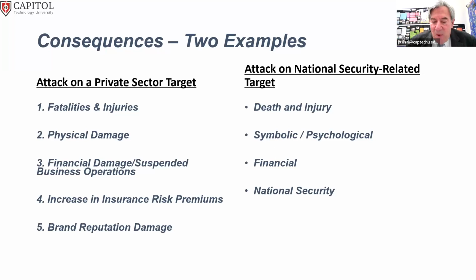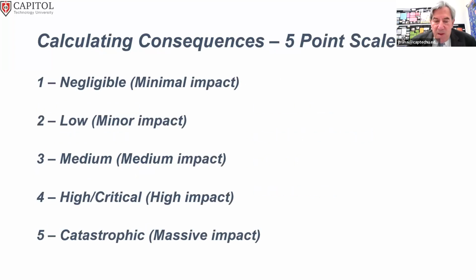So the consequences would be massive death and injury, again, symbolic or psychological impacts, financial impacts, and national security impacts. Now, in calculating consequences, we can use a 5-point scale ranging from negligible to low, medium, high, or catastrophic.